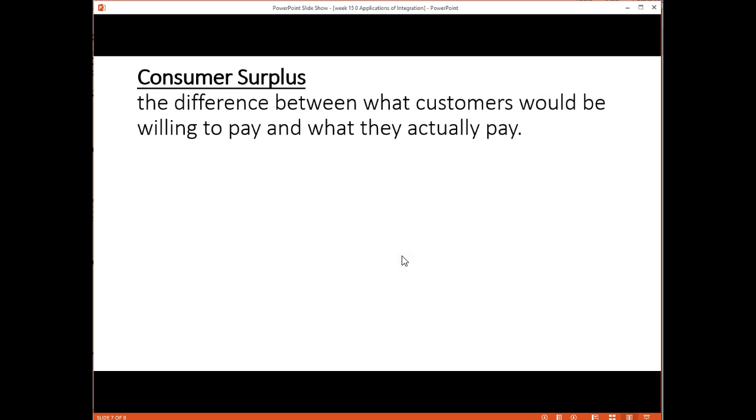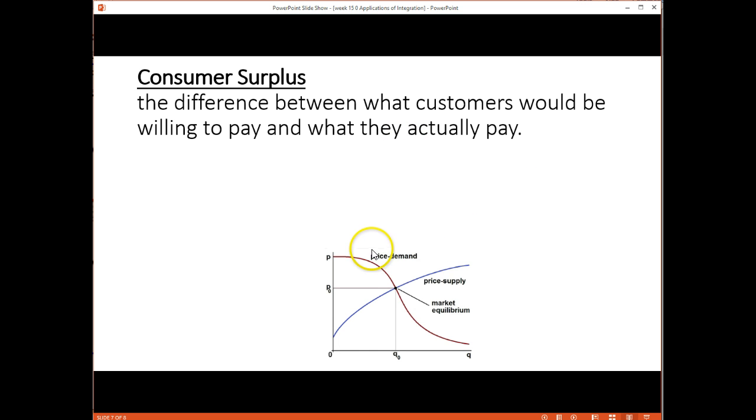The last topic we want to talk about is something called consumer surplus. Consumer surplus is basically the difference between what customers would be willing to pay and what they actually pay. Now, everyone should be familiar with the supply and demand curves. Here's your demand curve. It decreases as the quantity increases. And here's your supply curve.